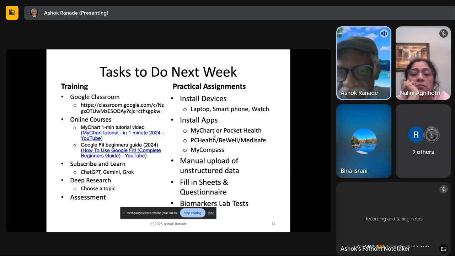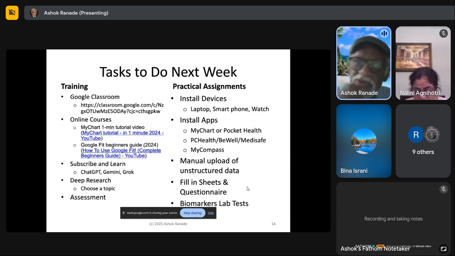My Chart or Pocket Health, you must have these, because if we don't have even this information, then your AI reporting will be very insufficient and maybe inaccurate also. So at least these 2-3 things you definitely get done. Creating structured data, we already talked about it. Filling these sheets and questionnaires, and the lab-tested biomarkers. So this is our task for the coming week.